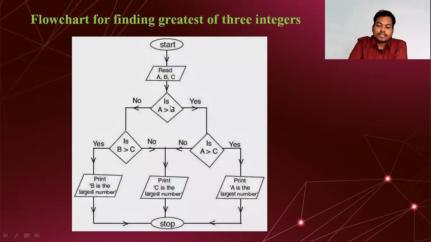And in case A is greater than B is incorrect, then it checks whether B is greater than C, and if B is greater than C, then print B is the largest number, right? Otherwise, if B is not greater than C, then which is the greater one? Print C is the largest number, right?